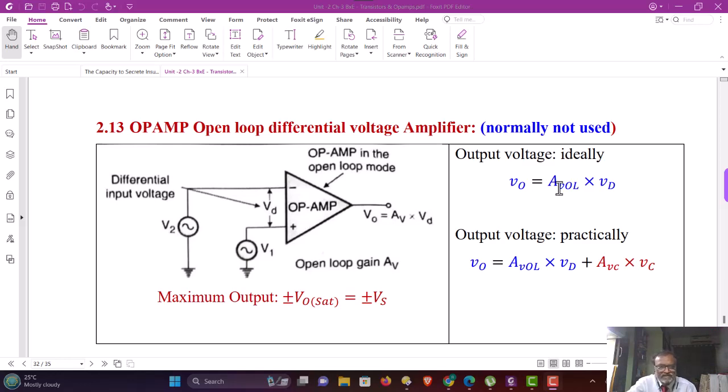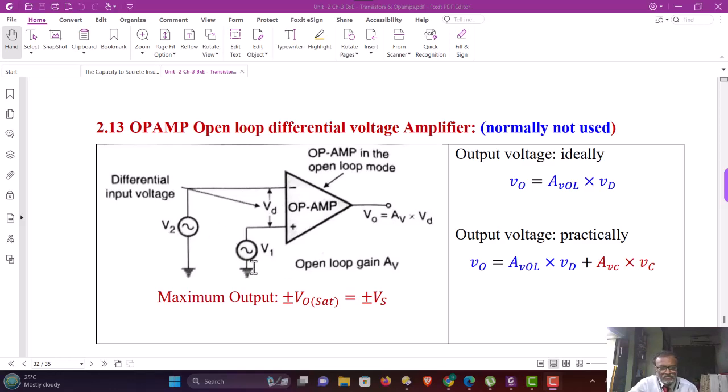But since we are considering the open loop configuration, let us see how the differential amplifier can be implemented using op-amp. Say one input V1 is connected to the non-inverting terminal and the second input V2 is connected to the inverting terminal.